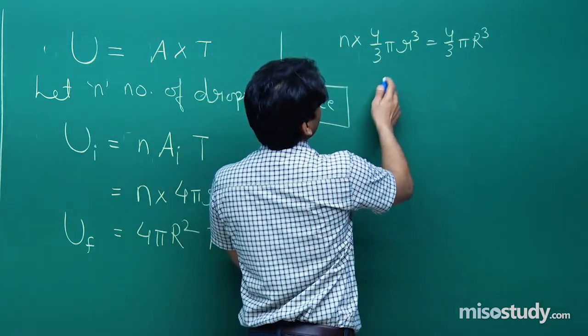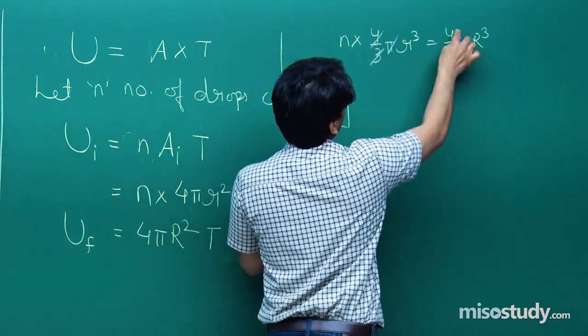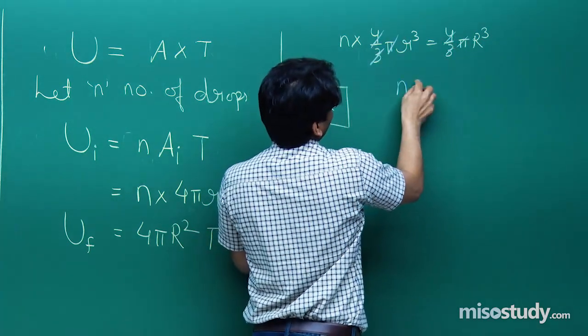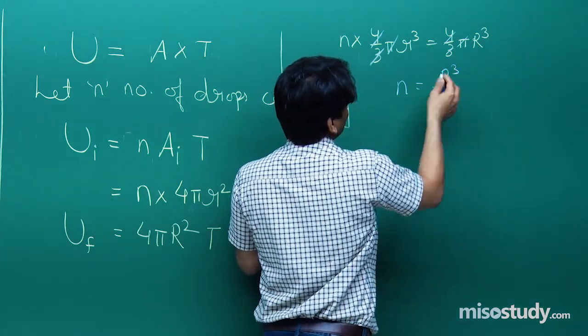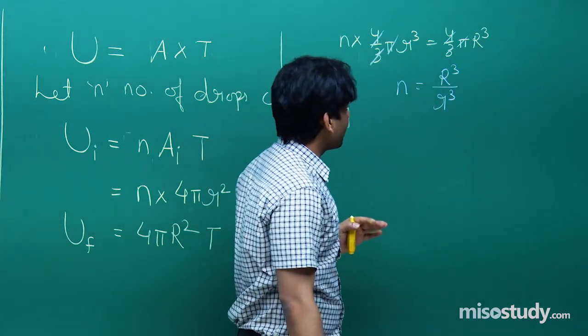So finally you see here this term will be cancelled out. You will have N equals R cube divided by r cube. So we got the first thing, the N value.